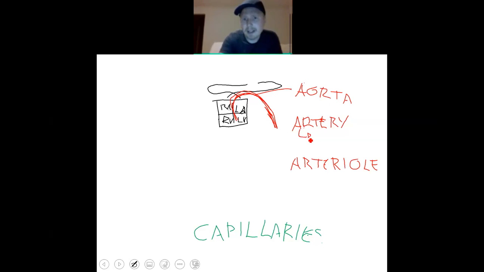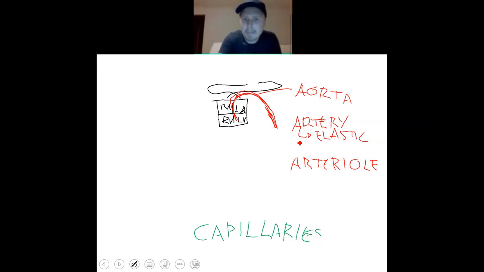We've got our elastic, and an aorta would be an example of an elastic artery. Elastic arteries try to deal with this high fluctuation of pressure. So they're the very first arteries that leave the heart.